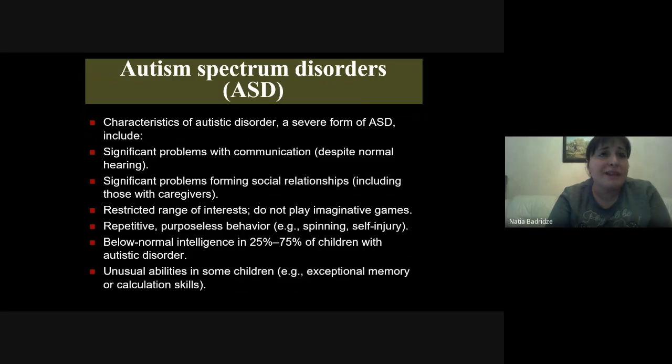I'd like to explain that there is a problem with the left hemisphere, which is responsible for communication. The left hemisphere is impaired. That's why the child, despite normal hearing, has problems with communication. There is a significant problem forming social relationships, including those with caregivers.